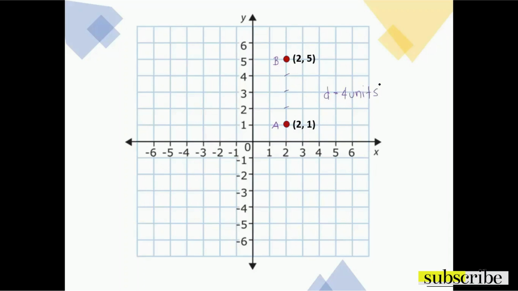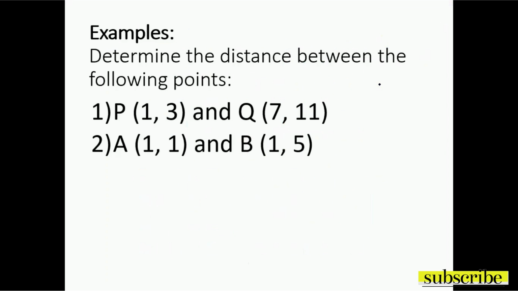But if we use the distance formula, can we get the same distance? Let's check. The distance formula is this one. Yes, we have 4 units also. So that is the distance formula. But then please, let's have another example.